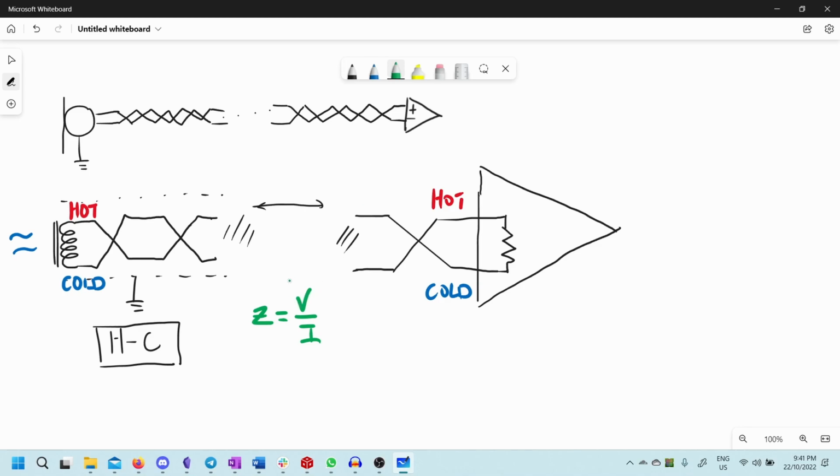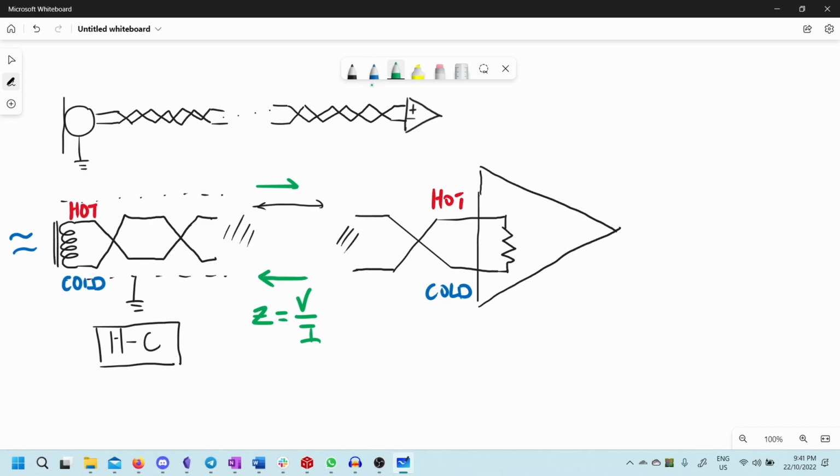When we say voltage, it can't exist by itself, right? It has to be with reference to something else. And current can't just flow, right? It needs to flow in one direction and have a return path.